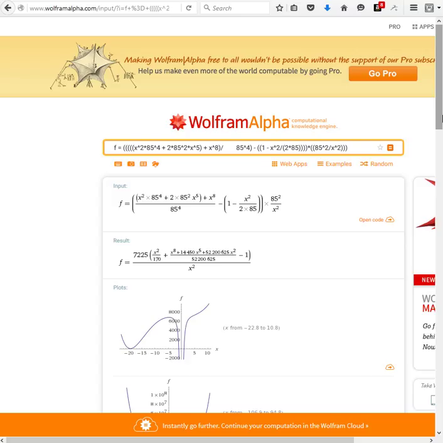If you plug n in where 85 is, it should work. It seems really complicated, but it's simple.